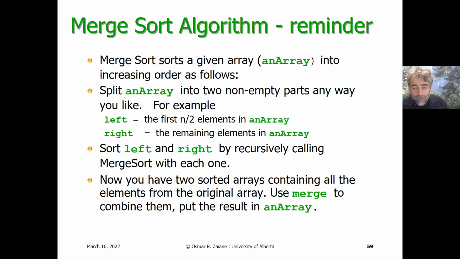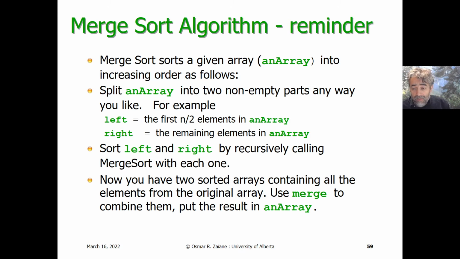The first part, we called it left, with the first half of the elements, and the second part is called right, with the remaining elements. We do this recursively, split, split, split, and then afterwards we merge back. When you merge two sorted lists, it becomes a longer sorted list.